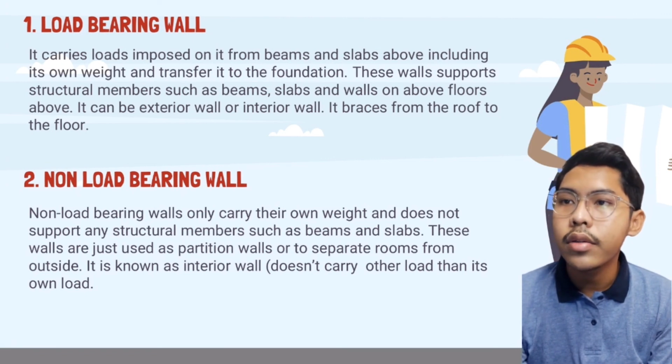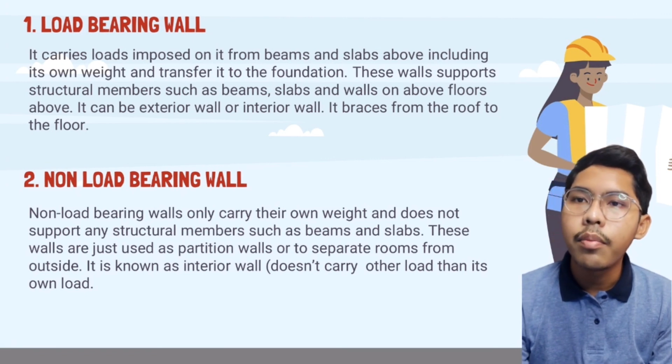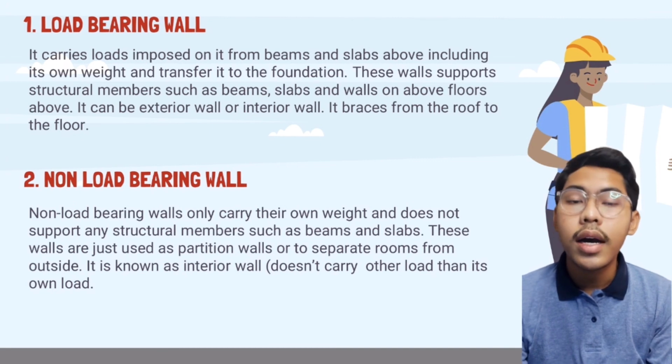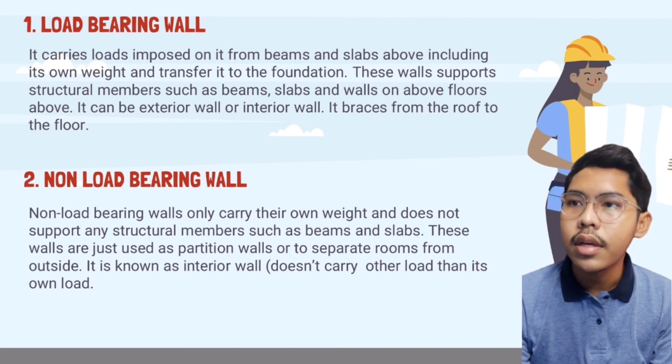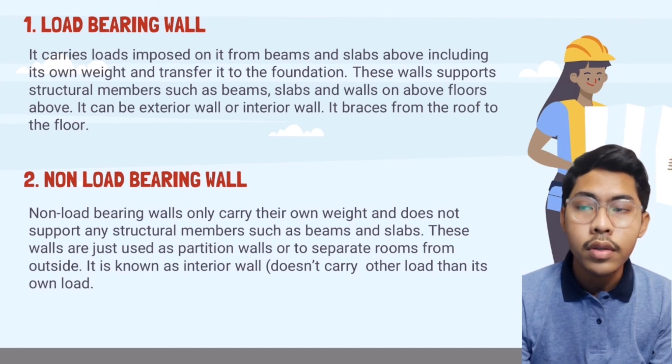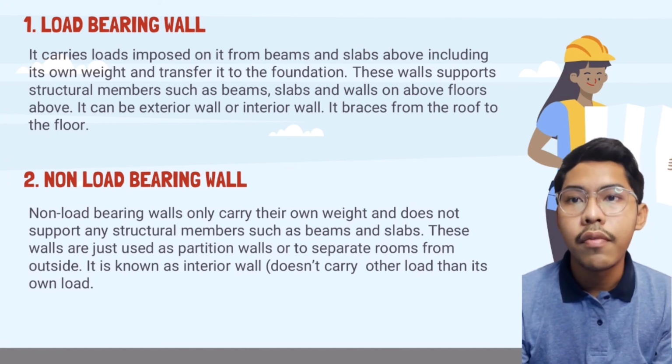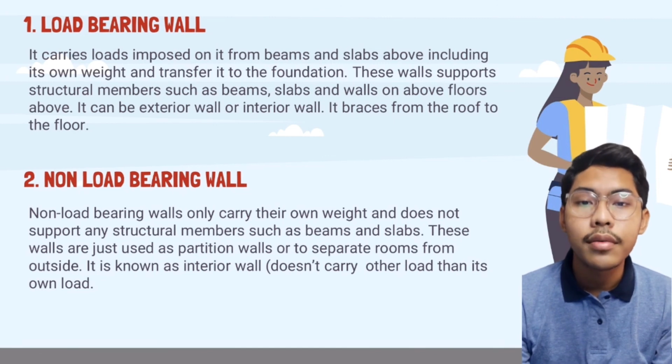A load-bearing wall carries loads imposed on it from beams and slabs above, including its own weight, and transfers them to the foundation. These walls support structural members such as beams, slabs and walls on the floors above, and can be an exterior wall or interior wall, and it also braces from the roof to the floor.